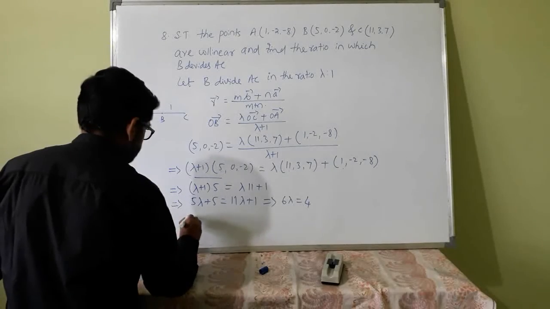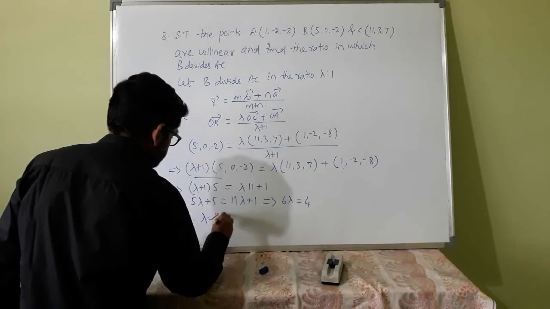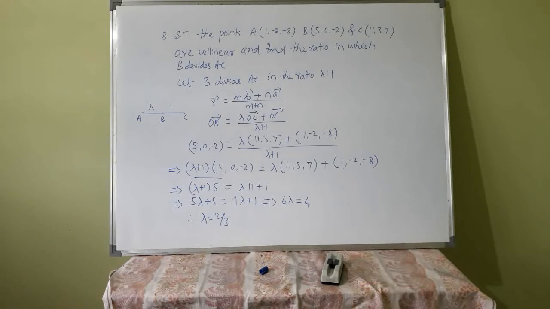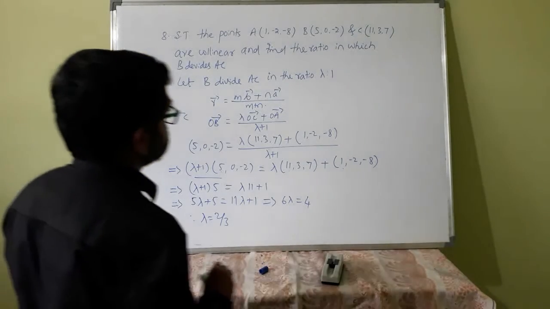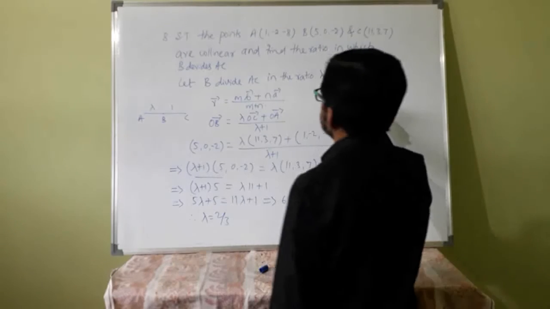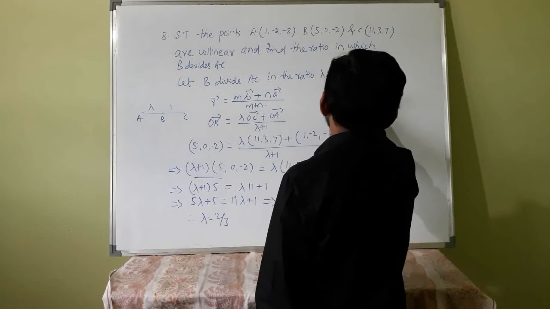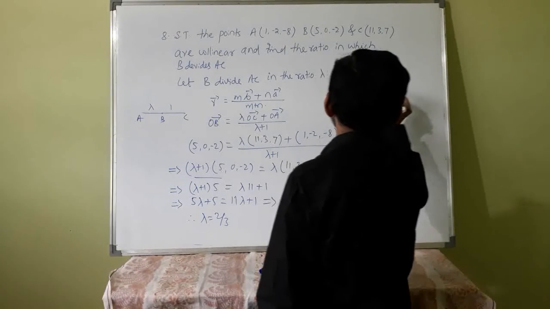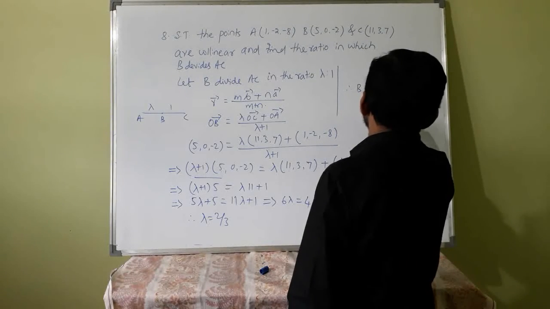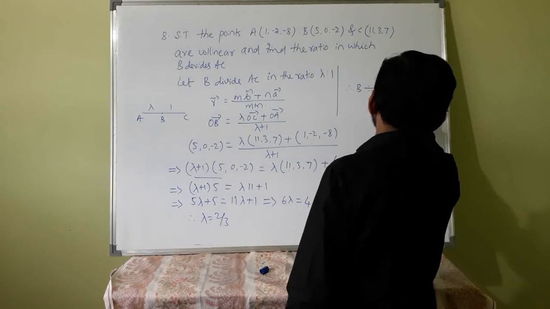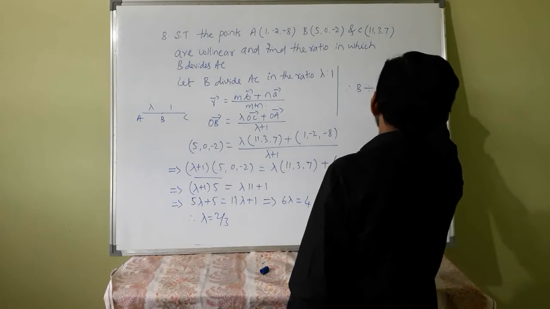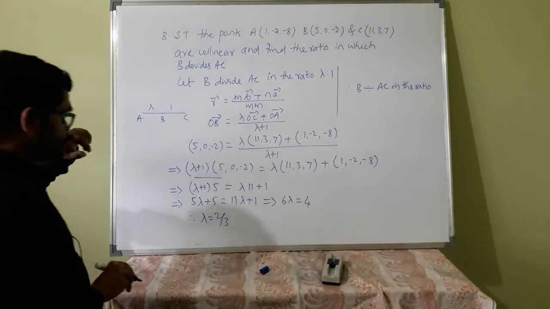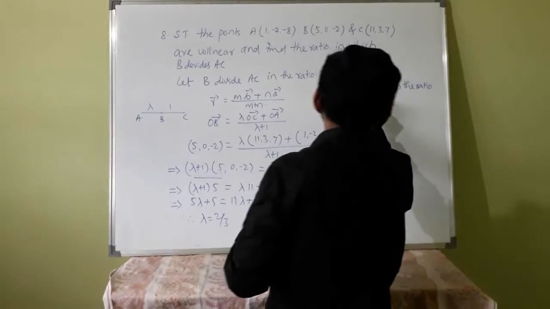So lambda is equal to 2 by 3. 2 by 3 means the ratio is, B divides AC in the ratio 2 by 3 is to 1, that means 2 is to 3.